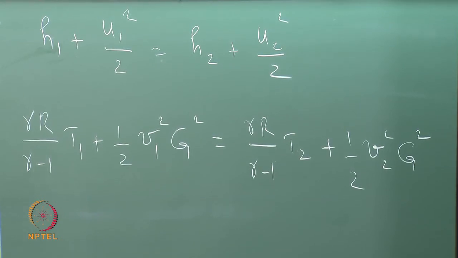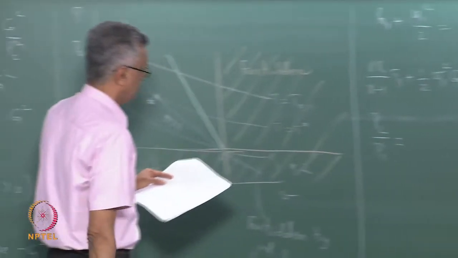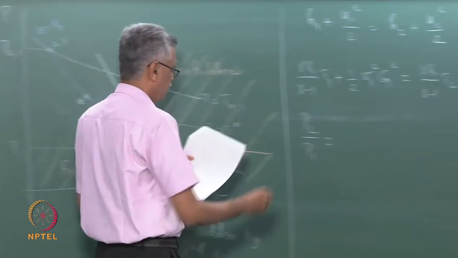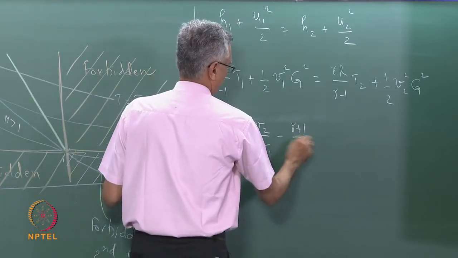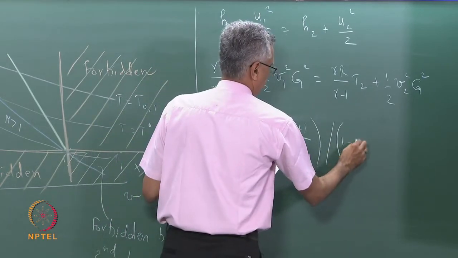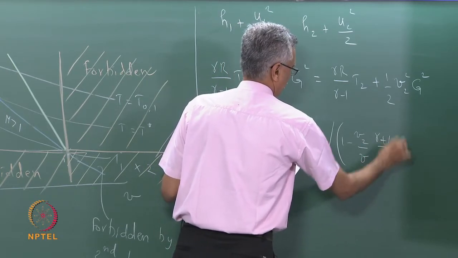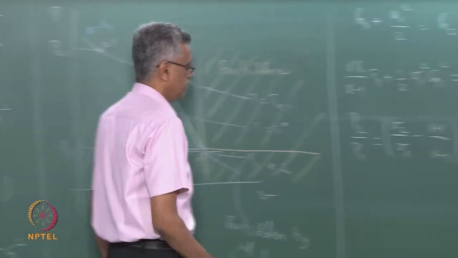Now if you rearrange this and do a little bit of algebraic manipulation, we can finally end up with an equation that looks like this. I am not going to derive this in detail here, it is available in the textbook, but if you go through a little bit of algebra, you can finally show that this can be written as... now this is actually a quadratic equation in PV coordinates.